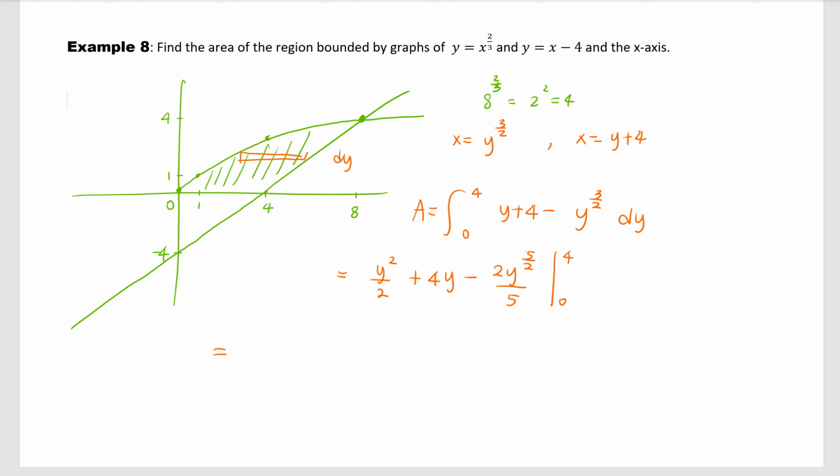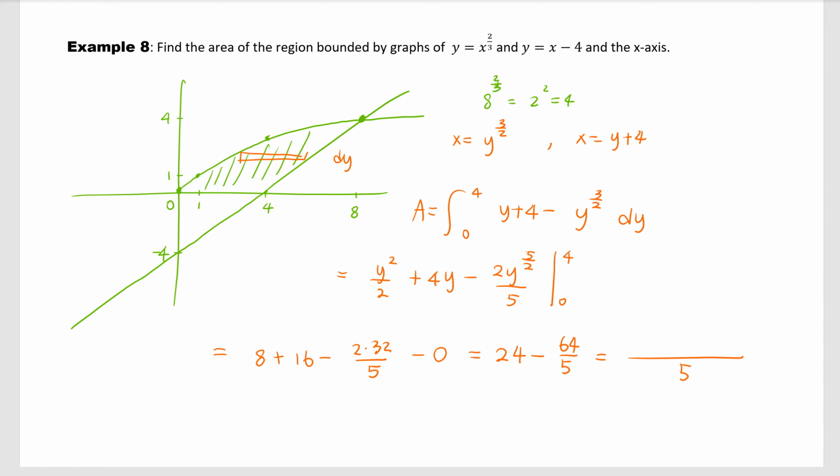We plug in 4 squared, 16, 16 over 2, 8. 4 times 4, 16. Oh, square root of 4 is 2. 2 to the 5th, 32. And when we plug in 0, it's all 0. Oh, 0 is such a beautiful number. 8 plus 16, 24. And this is 64 over 5.